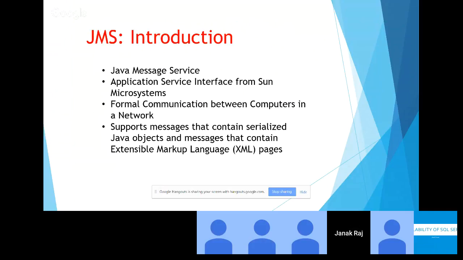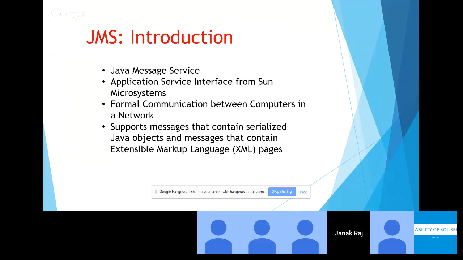It means we can use various programming languages. It's not like RMI or RPC, where you have to use just Java. Using the JMS interface, a programmer can invoke the messaging services of IBM's MQSeries, Progress Software's SonicMQ, and other popular messaging product vendors.